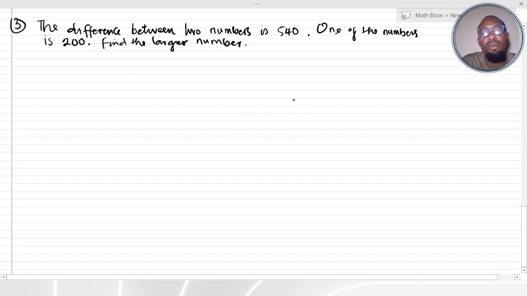Okay, so let's start with keywords. Values that can change or that can affect the answer or the outcome if we should change them. Key terms. Here we have the difference. My friend, difference is key.